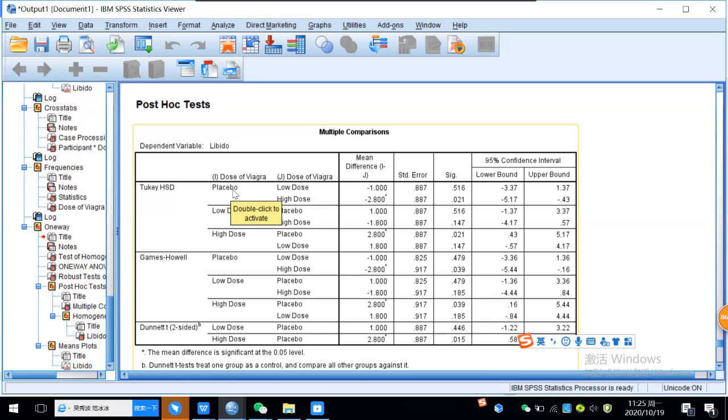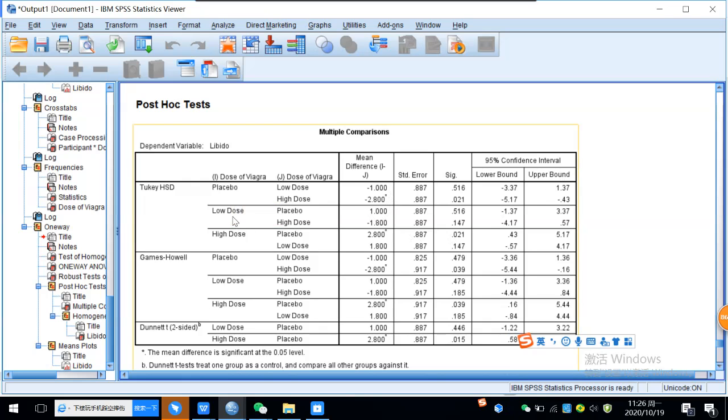So that means the placebo and the low dose have no significant difference. Next, placebo and high dose, the mean difference is -2.8. The corresponding significance is 0.021, which is less than 0.05. So that means the high dose of Viagra and the placebo, the mean of libido has a significant difference. Also, you can see a star here, right?